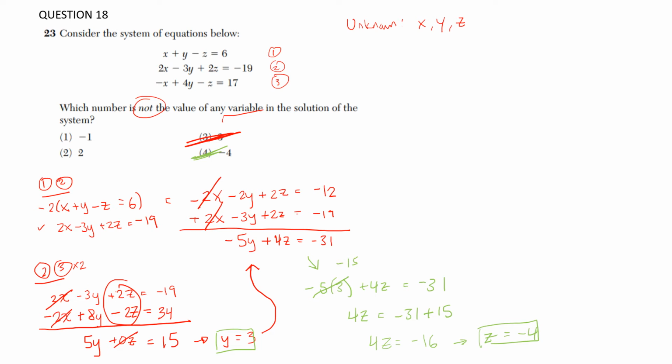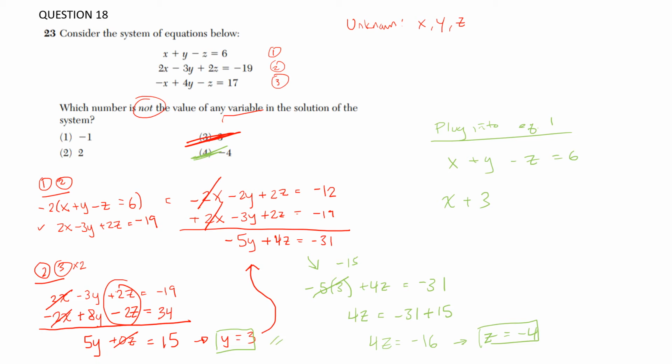Now, lastly, to solve for x, we now have y, we now have z. Why don't we just plug everything back in? Plug in to equation 1. That's x plus y minus z equals 6. We don't know x, so we'll leave that. We know y is 3, that was solved over here.